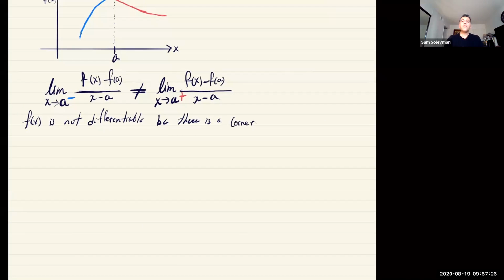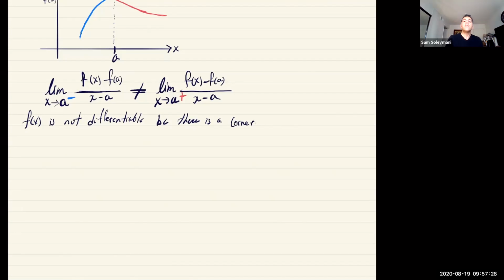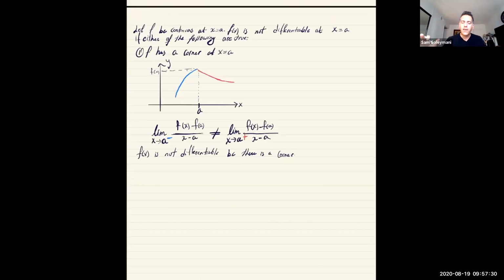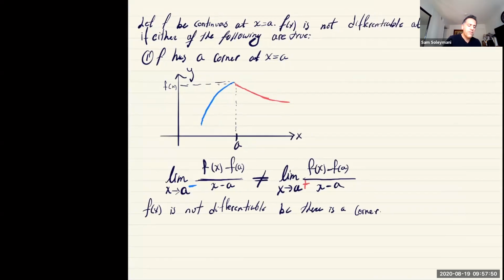And when I say a function is not differentiable, I mean it's not differentiable at a. So you see what a corner is. At a corner, you get different derivatives, and those derivatives are finite.